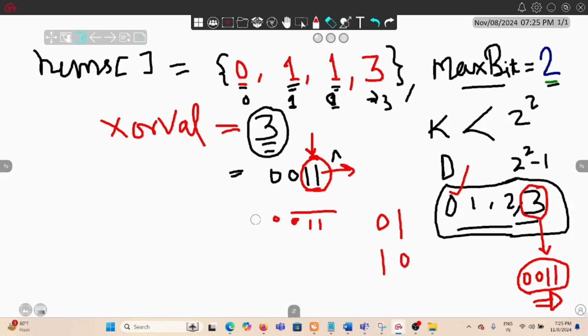You can observe here that if we do the XOR with this number, the greatest value 3, 0, 1, 1, what would it produce? It will produce 0, 0, 0 and 0.